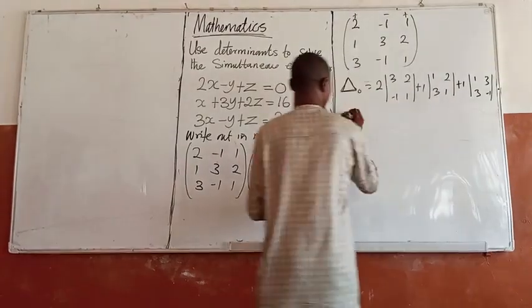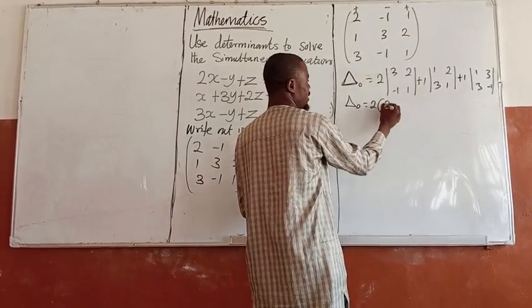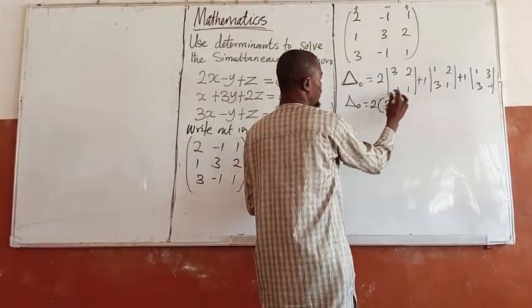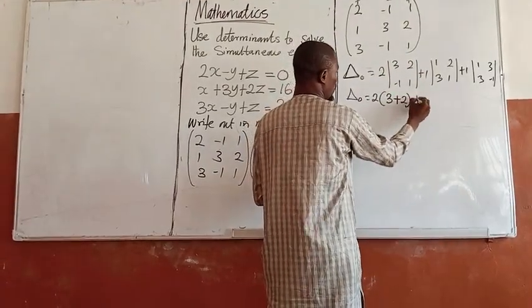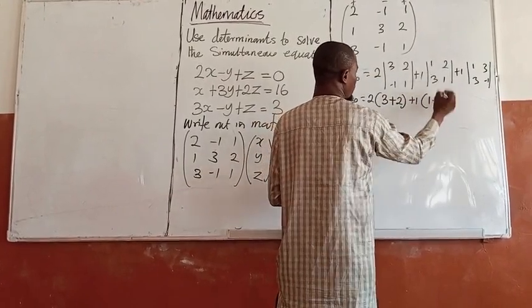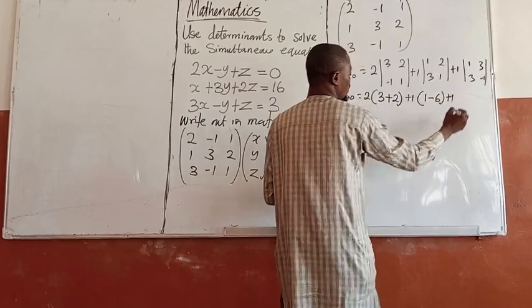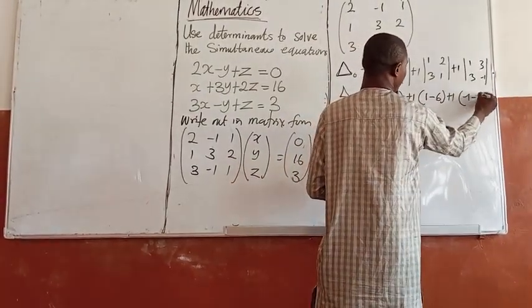So now we have delta naught is equal to 2, open bracket, 1 times 3 is 3, minus 1 times 2 is minus 2, change to plus 2, plus 1, open bracket, 1 times 1 is 1, minus 3 times 2 is 6, plus 1, open bracket, minus 1 times 1 is minus 1, minus 3 times 3 is 9.